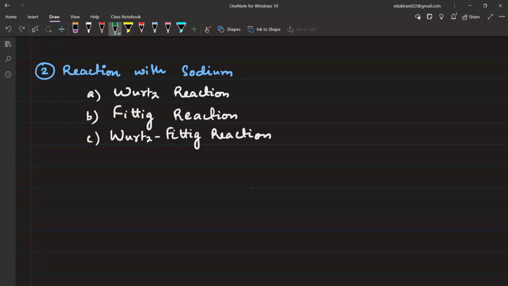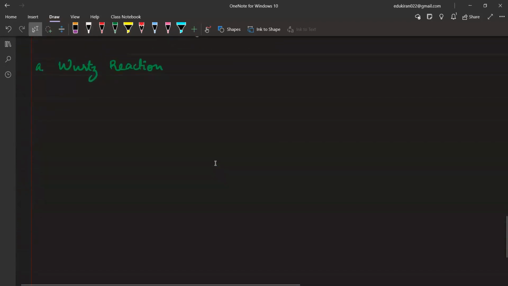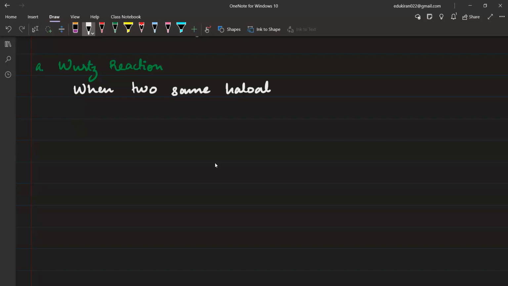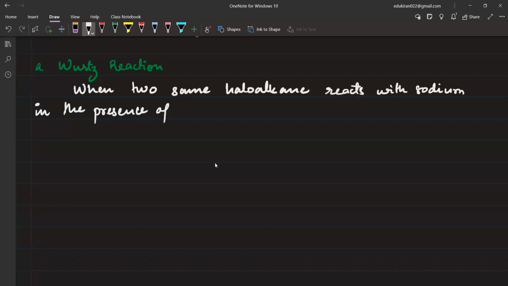Right, number A. Wurtz reaction. In this, when two same haloalkanes react with sodium in the presence of dry ether, again we are taking dry ether because if water will be present, sodium will react with water.